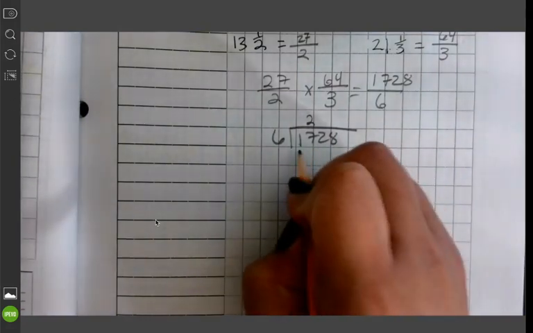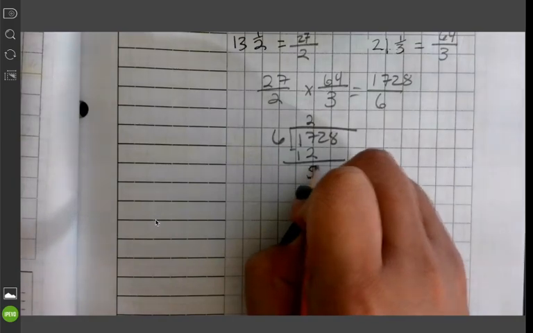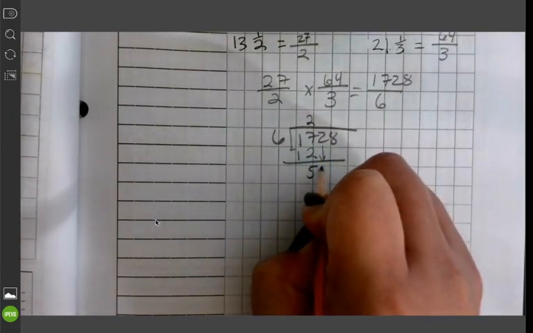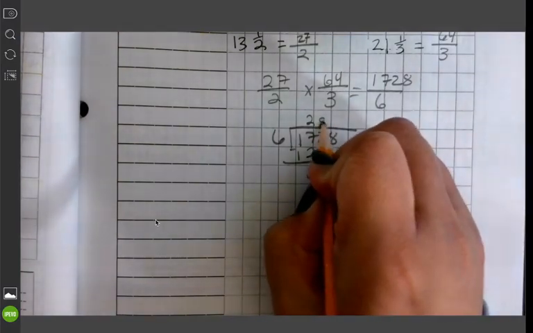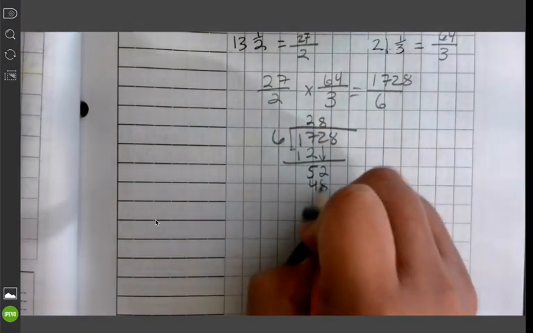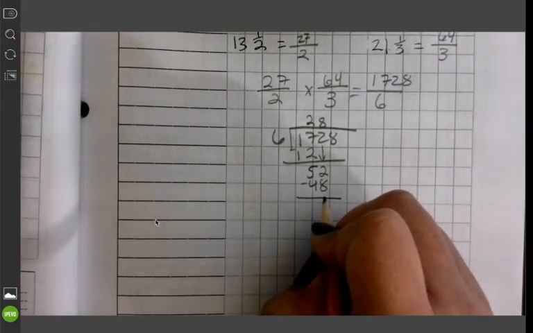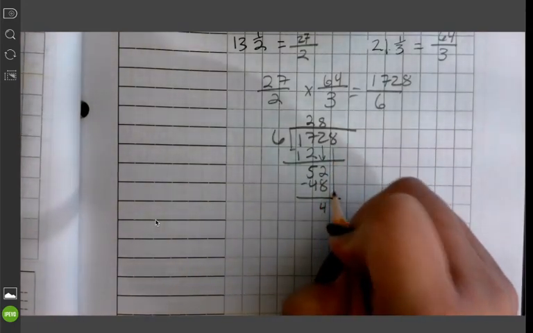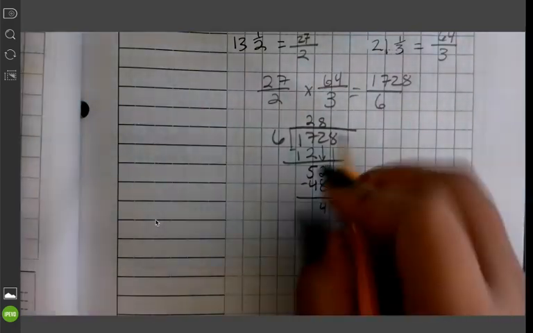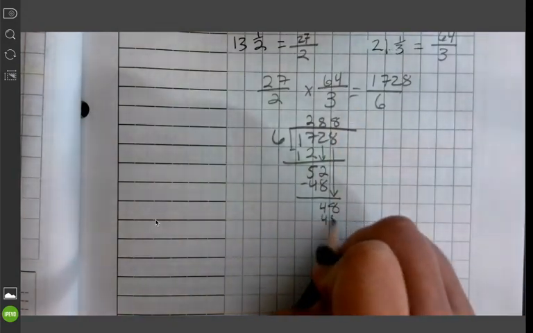6 times 2 is 12. 17 minus 12 is 5. Drop the 2. 6 goes into 52 8 times. 6 times 8 is 48. 52 minus 48 is 4. Drop the 8. 6 goes into 48 8 times. 6 times 8 is 48.